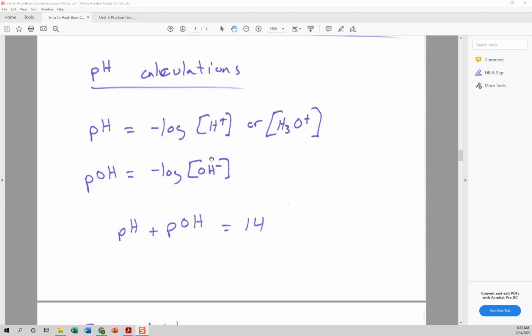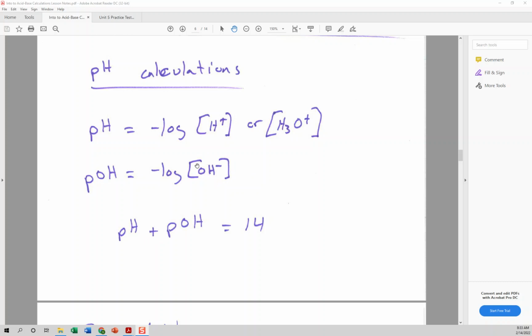And I also know that the OH- concentration times the H+ concentration always equals 1 times 10 to the negative 14. So again, if you know the pH, or the pOH, or the H+ concentration, or the OH- concentration, you know all of them. You can calculate all of those numbers. If I know OH-, I can figure out the pOH, and then I can use this to find the pH.